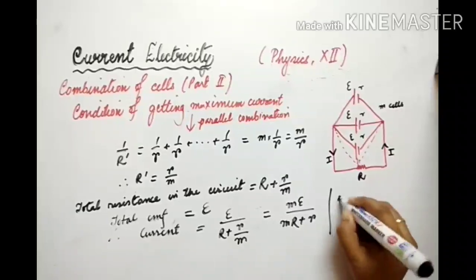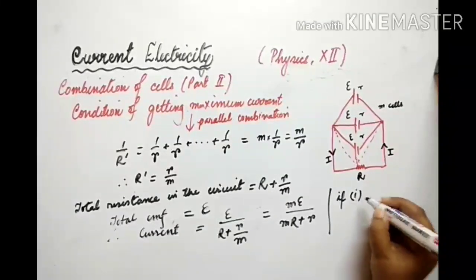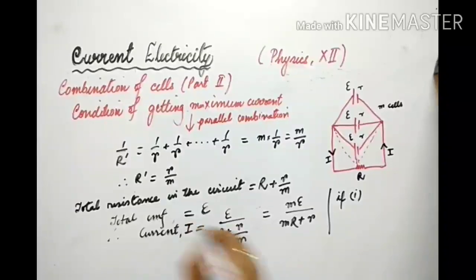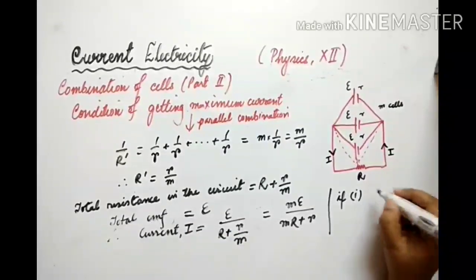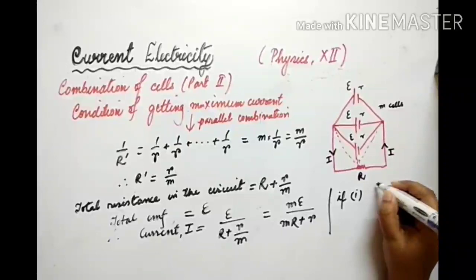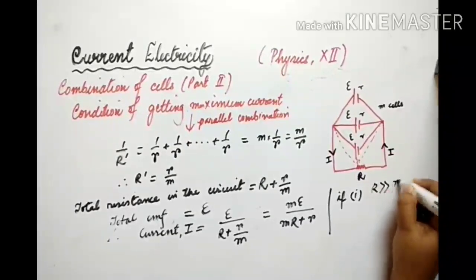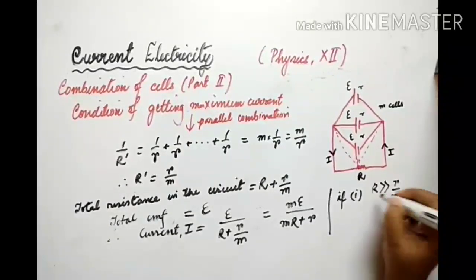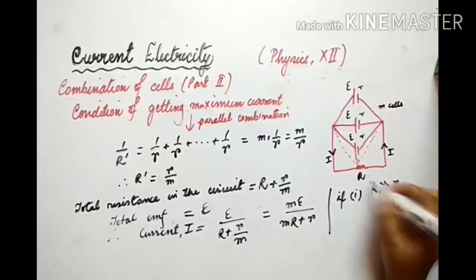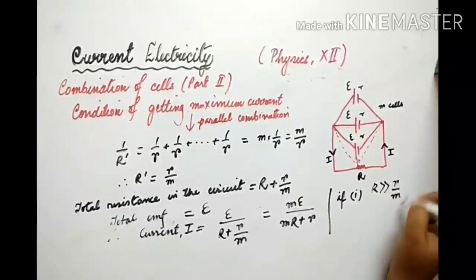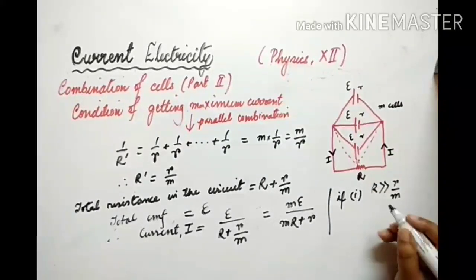Now if we take R much greater than r by M, so this external resistance is much greater than the internal resistance in parallel, then what will happen?